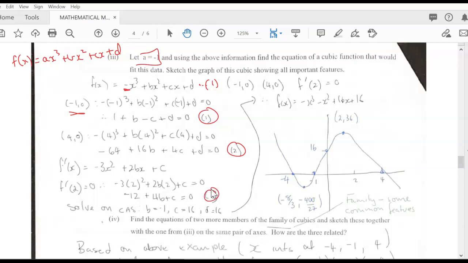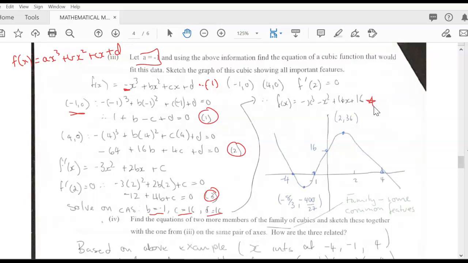And then you can just solve on CAS. I don't think we needed that first one, although we probably could have used it. So when we solve on CAS, we already know a is equal to -1. So we get b equals -1, c equals 16, and d equals 16 also. So when we substitute it in, we get this.